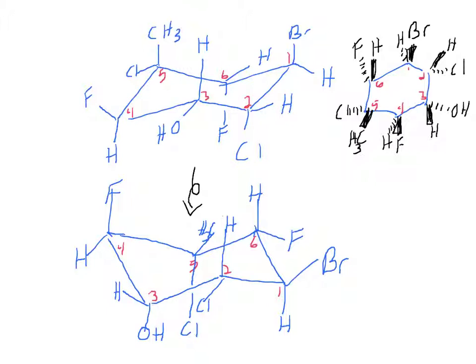So the question they asked in the actual homework, though, was when the bromine is axial, what are the two things it probably bumps into the most? So here's the bromine when it's axial. What does it bump into the most, do you think? The other axials. Which axials?